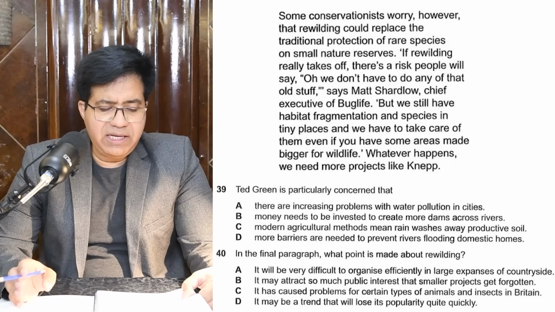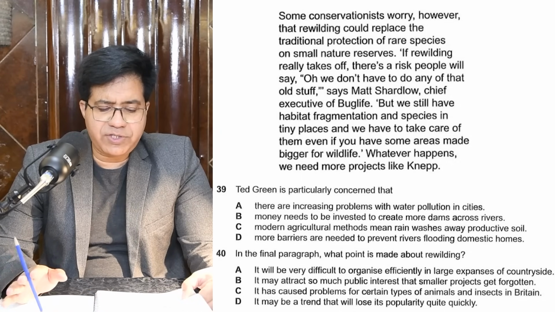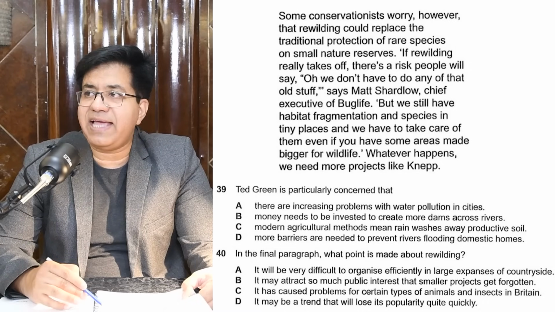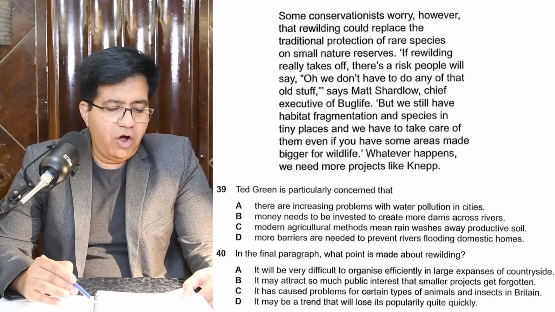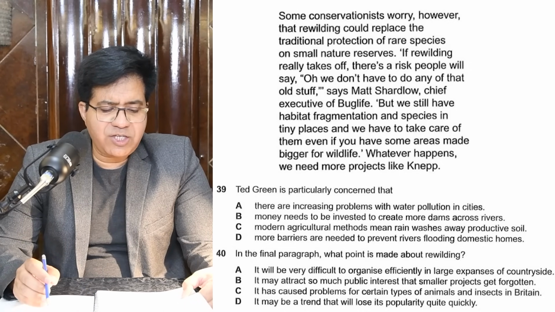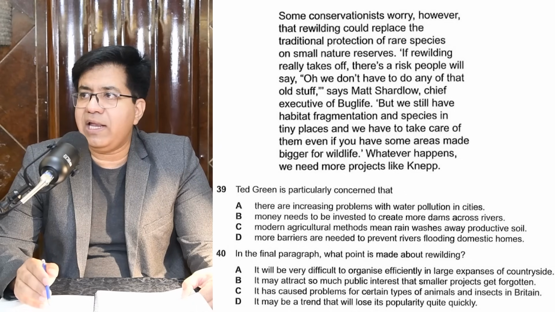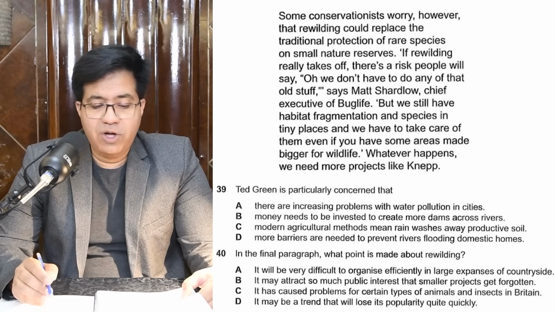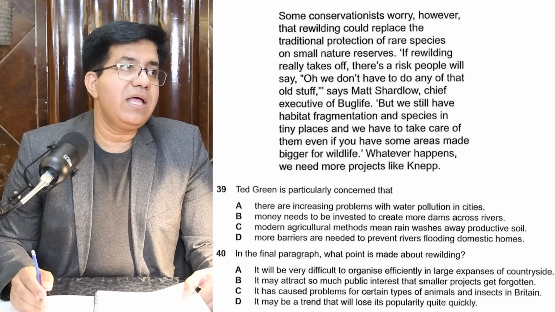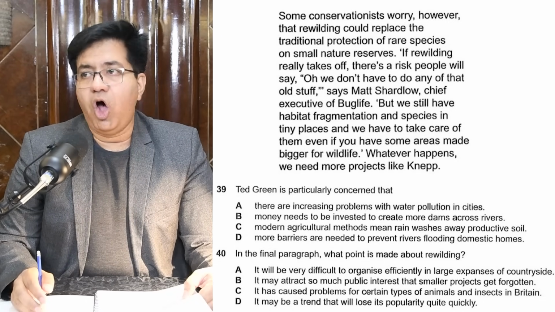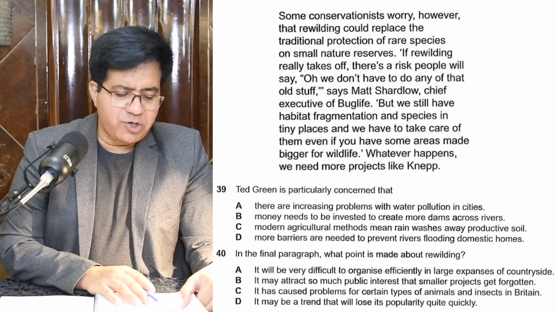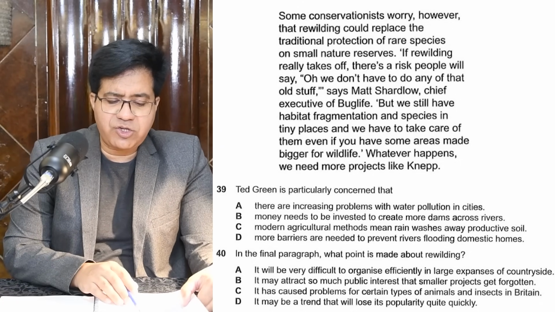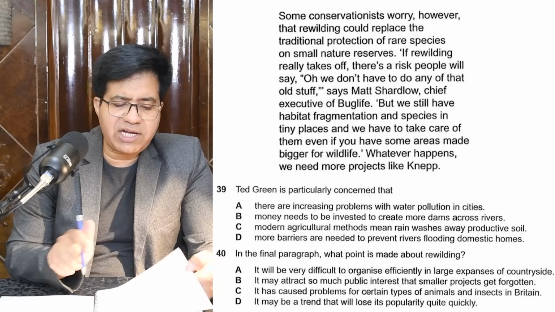Option C, it has caused problems for certain types of animals and insects. Not at all. Option D, it may be a trend that will lose its popularity quite quickly. They did not mention that this trend will lose popularity quite quickly. The correct answer is option B. It may attract so much public interest that smaller projects get forgotten.